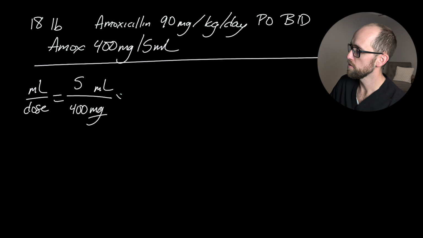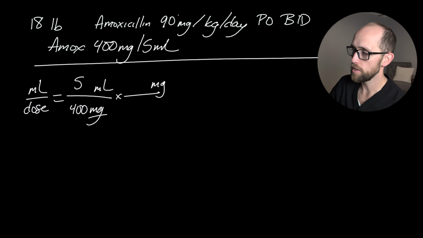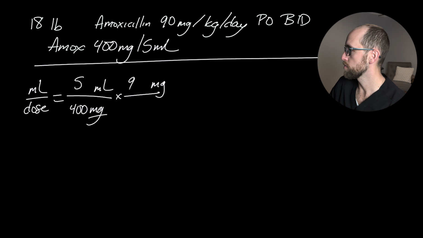How can I cancel out milligrams? Let's put this up here. I know I have an order for 90 milligrams per kilogram per day, or mgs per kg per day is a more fun way to say it. So I have 90 milligrams.